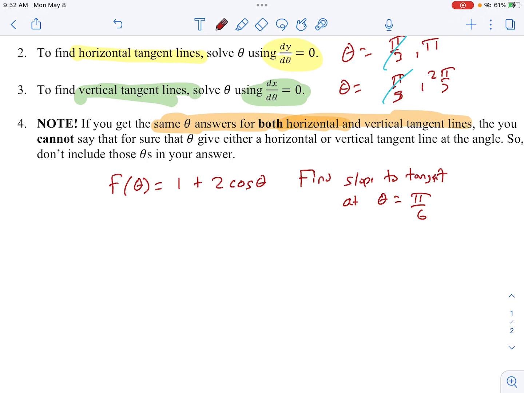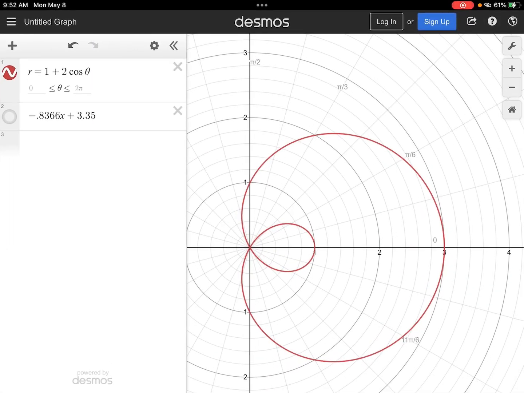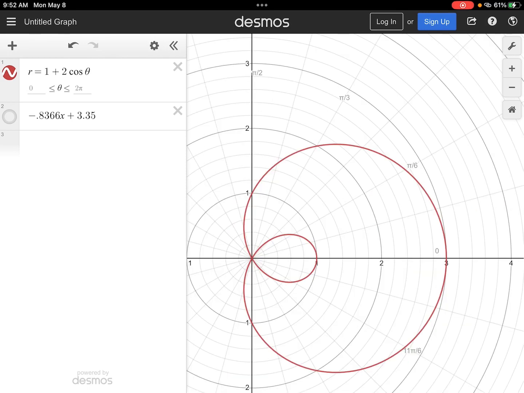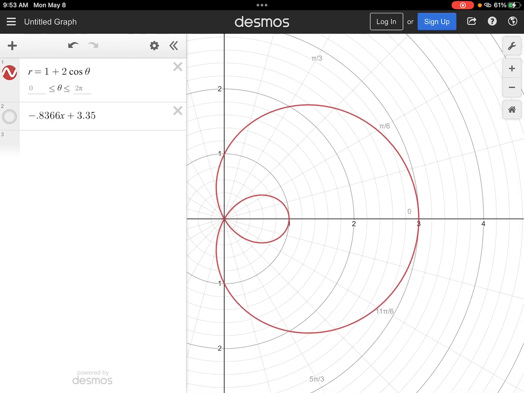Okay, so I actually have a graph here. This is that limaçon, and you can see in the top right of the screen where pi sixth is. So we're looking for, on the top right of that polar curve, the slope of that line. So I can see that it's negative. And yeah, we'll figure it out.